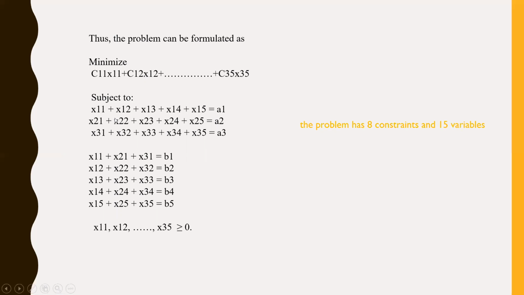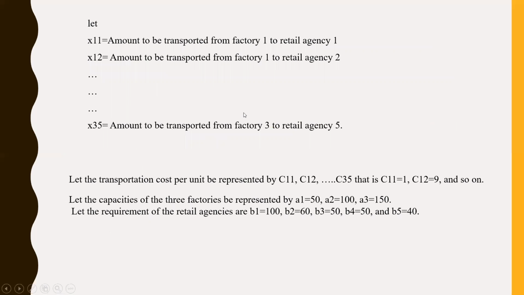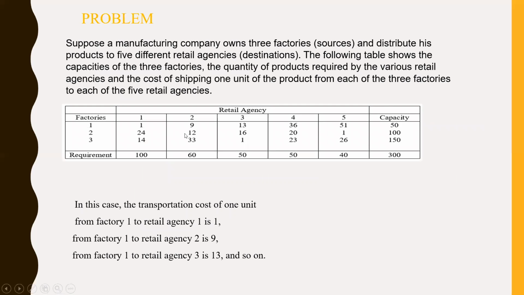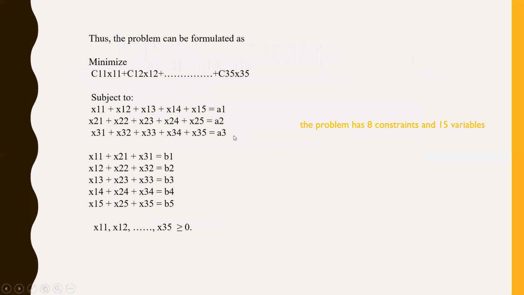Then subject to x11 plus x12 plus x13 plus x14 plus x15 equals a1, which is 50. Then we have x21 plus x22 plus x23 plus x24 plus x25 equals a2.